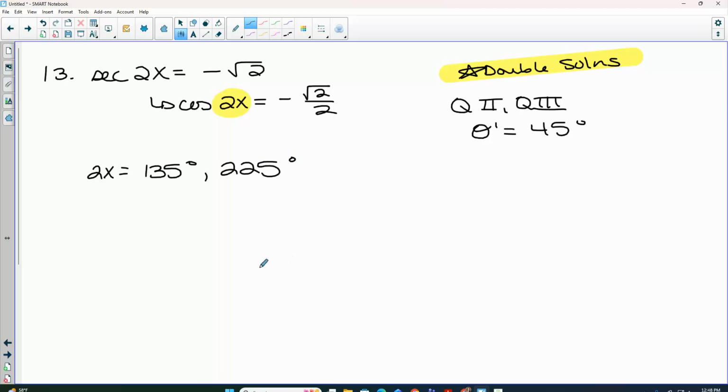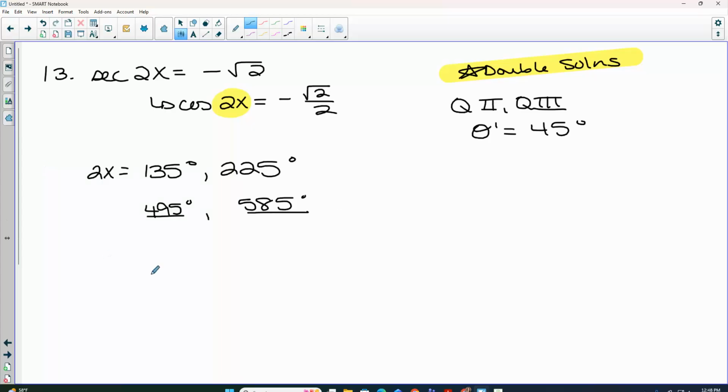If I say double solutions, how do I get the second round? So if I add 360, we are trying to solve for x.